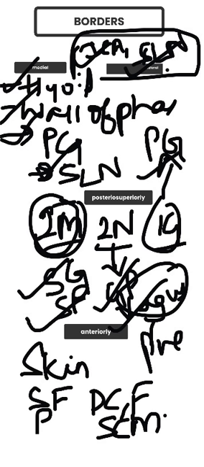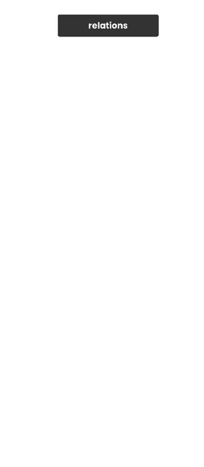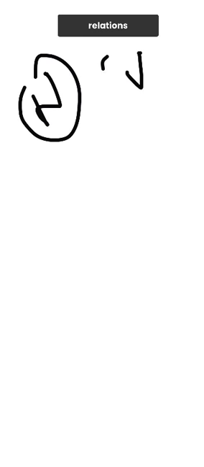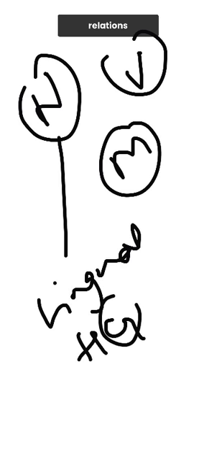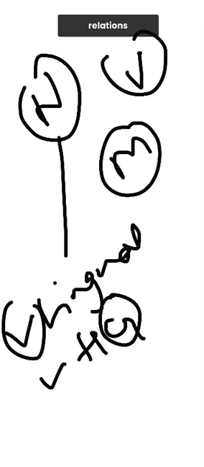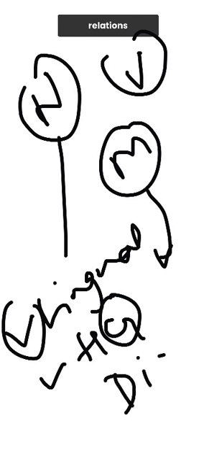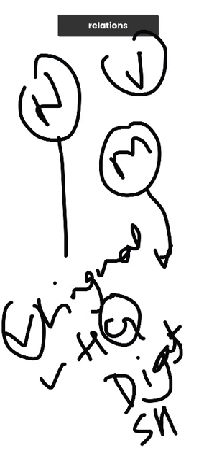Now coming to the relations, there are nerves that are related, veins that are related, and also muscles. The nerves are two nerves, the lingual nerve and the hypoglossal nerve. In muscles there are again two muscles, the digastric muscle and the stylohyoid muscle.